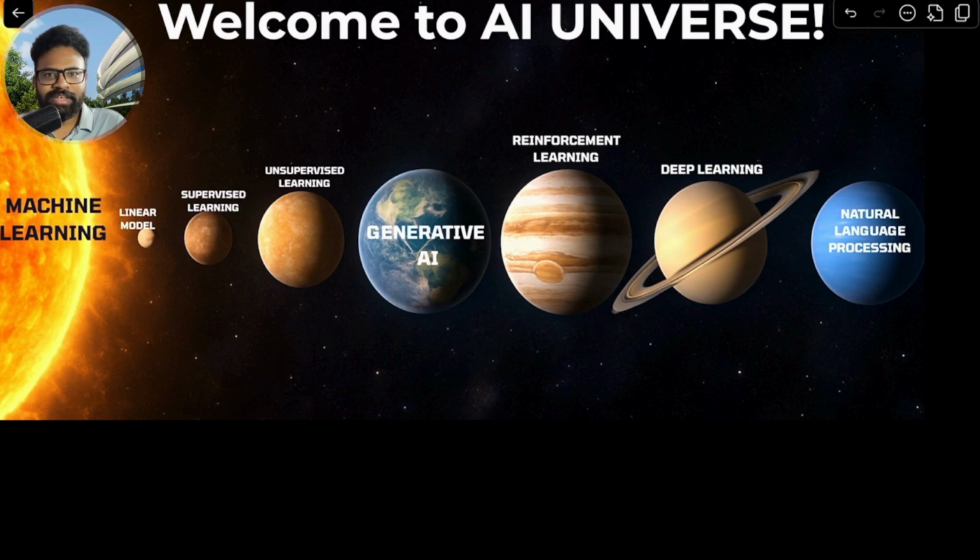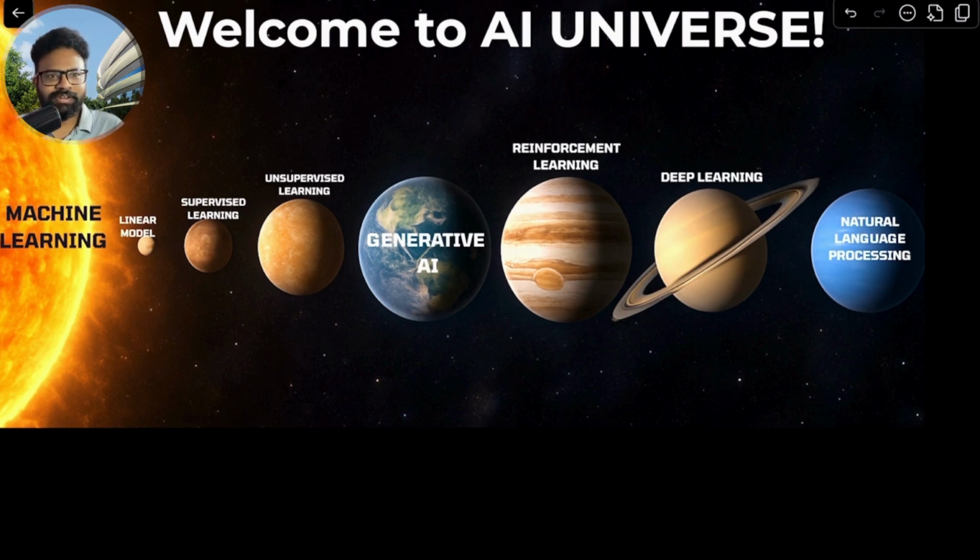So consider the solar system, or the universe, as artificial intelligence, and in that, machine learning is the sun. Other planets like Mercury, Venus, Mars, Earth are the respective algorithms or models used in artificial intelligence.